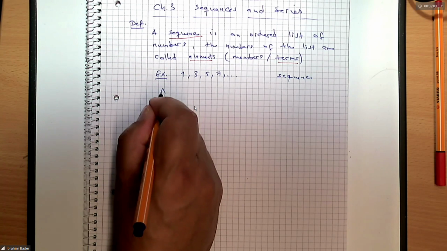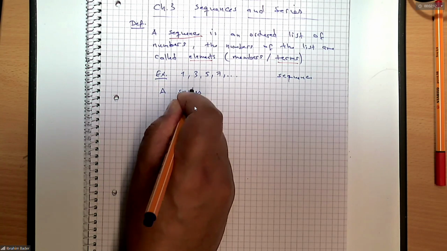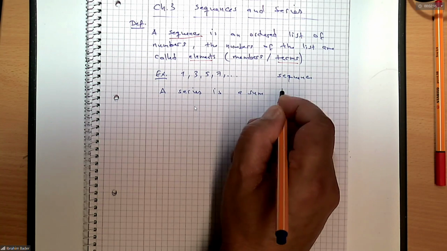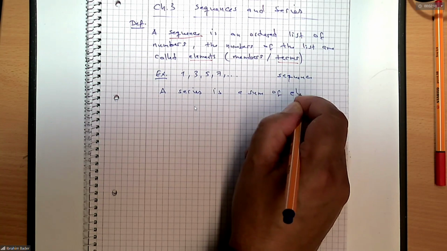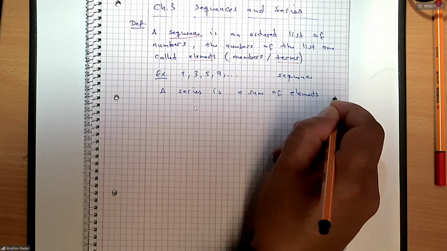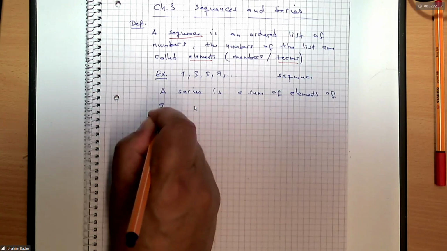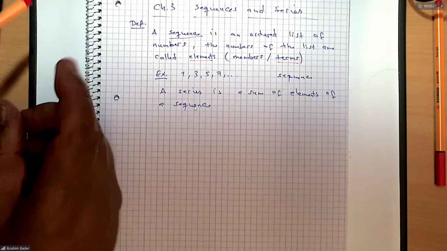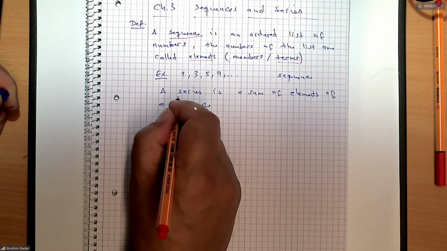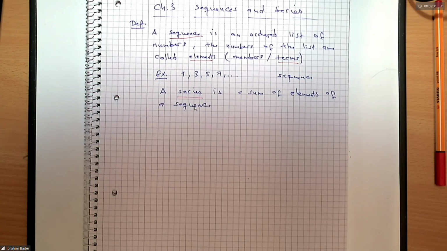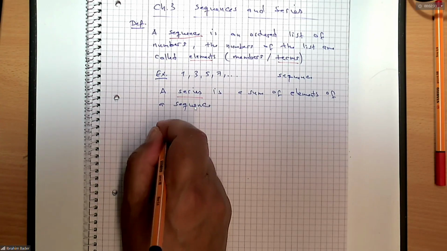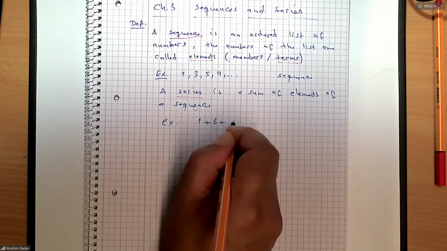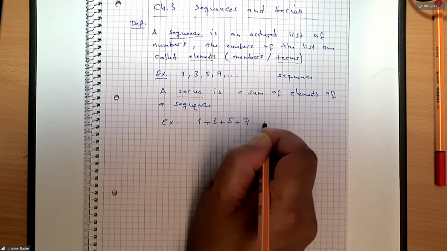A series is a sum of elements of a sequence. So this is the definition actually of a series. And again here an example, 1 plus 3 plus 5 plus 7.